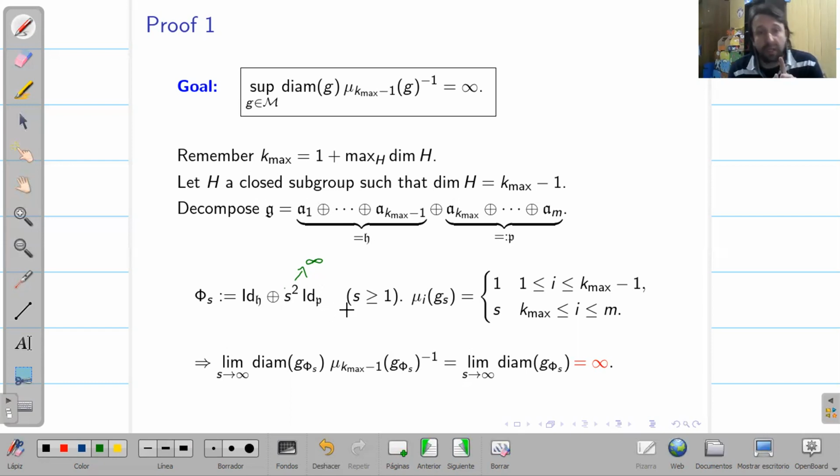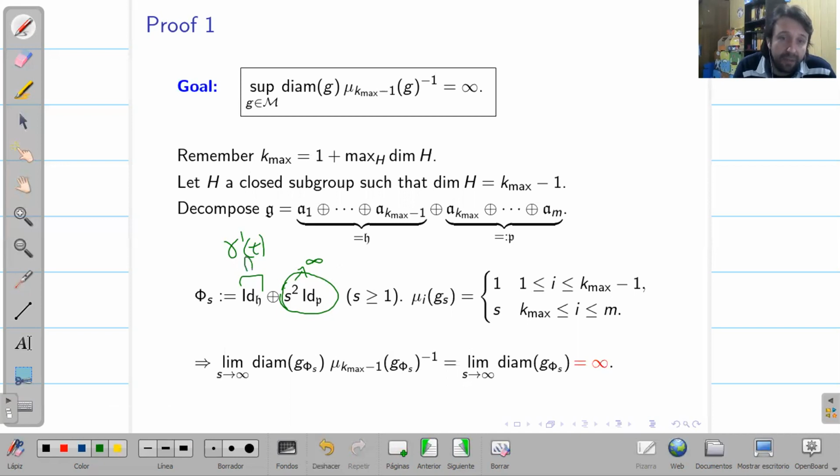So if you now take a curve on the capital group G, and the velocity vector at some point has a non-trivial component in this subspace, it is going to be infinity. So in order to have a curve of finite length, when s goes to infinity, the velocity vector has to stay here, right?